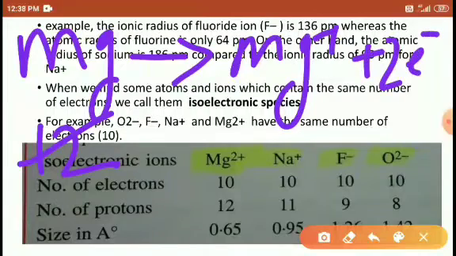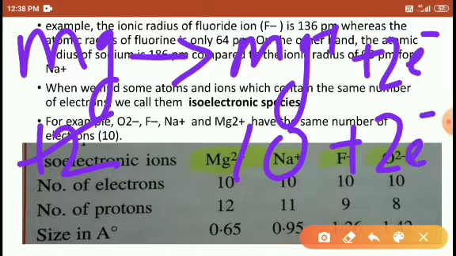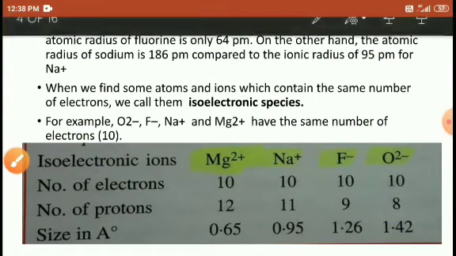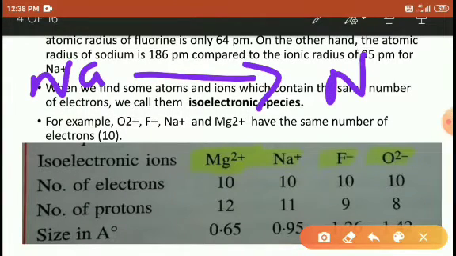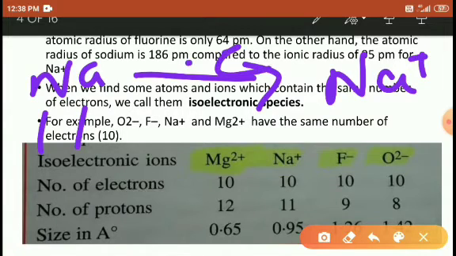After losing 2 electrons, 10 electrons are left. Next, sodium turns into sodium ion. Atomic number 11. It loses 1 electron, minus e, which means removing 1 electron, so 10 electrons remain.